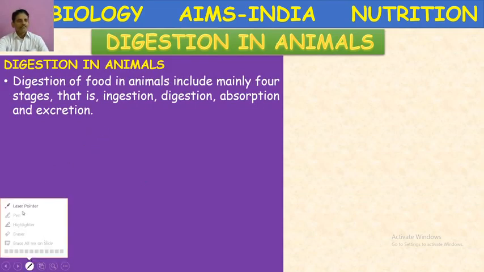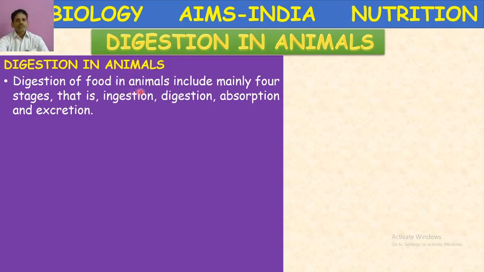in animals. Digestion of food in animals includes mainly 4 stages, that is ingestion, digestion, absorption and egestion or excretion. What are the four stages in the digestion of food in animals?